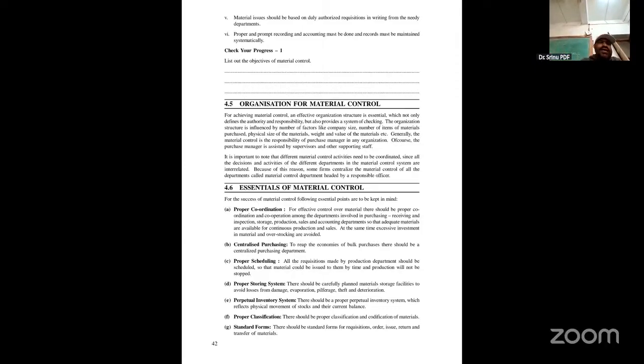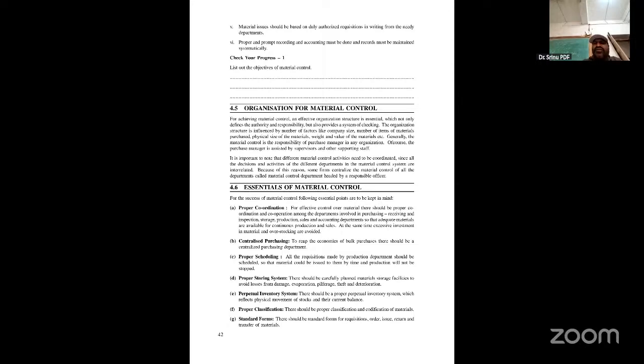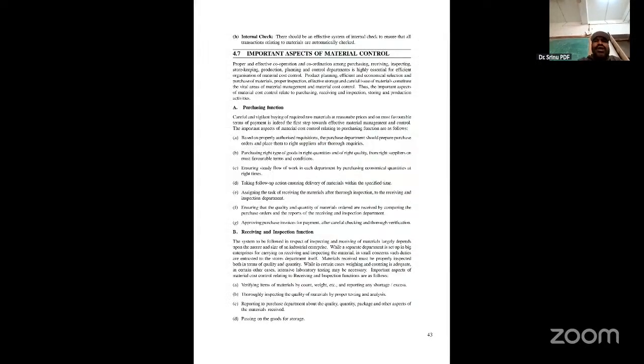So these are the essentials of material control. And the next one is an important internal check. Internal check means every effective system requires an internal check. It means how much is available, which material is available, and which material is not available. That entire thing we are going to discuss.